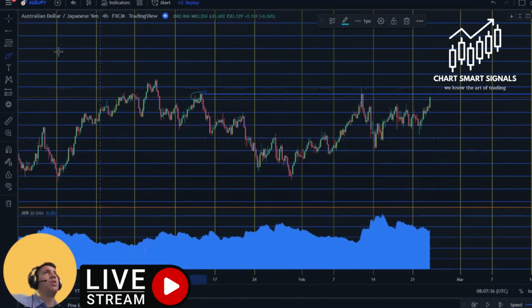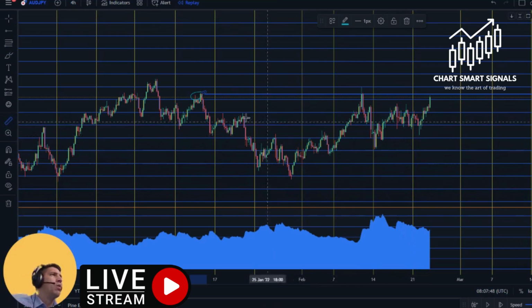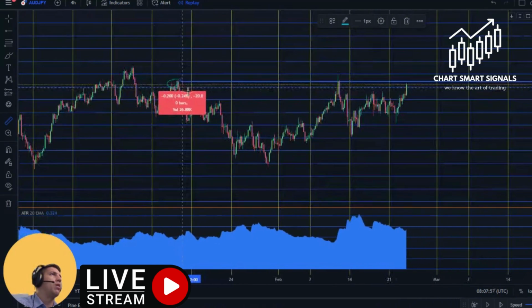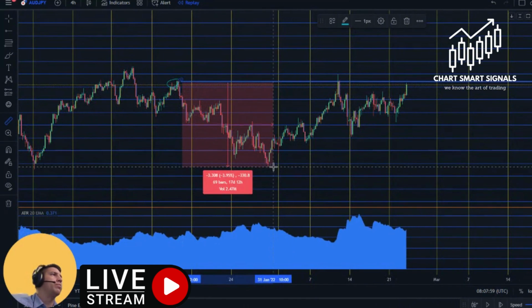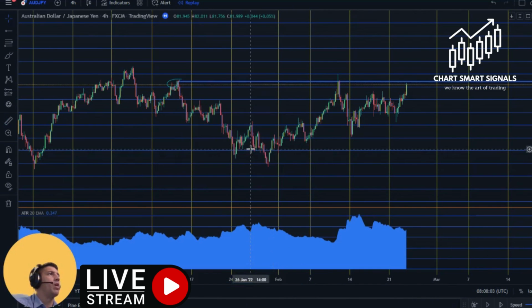We would have actually seen a nice profitable trade on this one if we caught it early enough. Nice big trade, as you can see there.